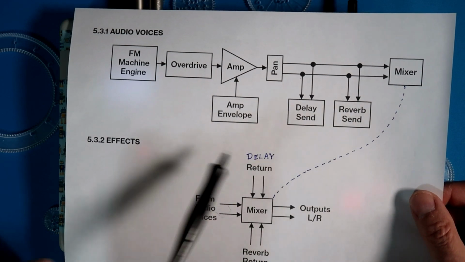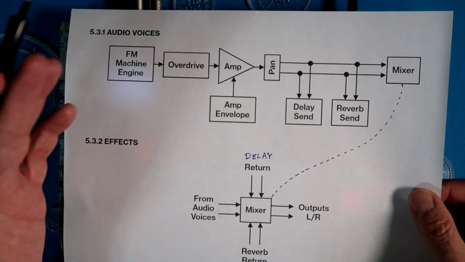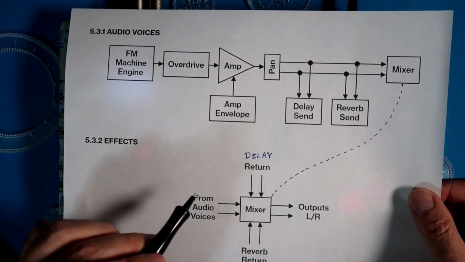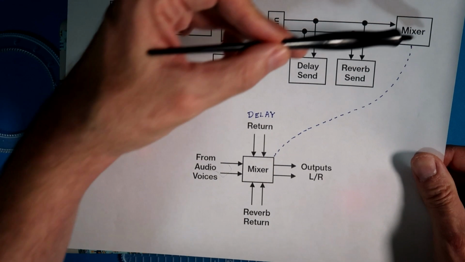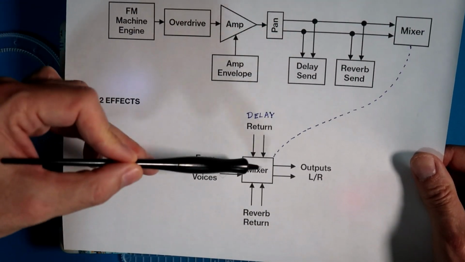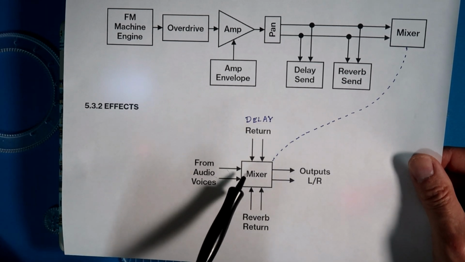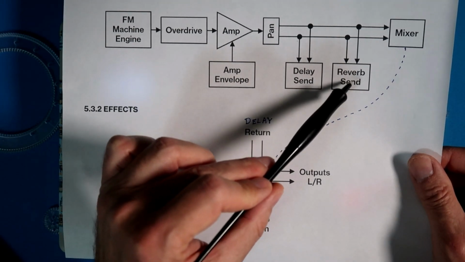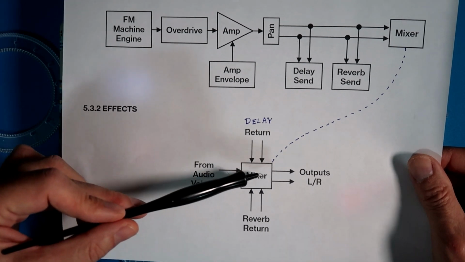So then that goes to whatever does the reverb, some sort of reverb circuit, I guess it's digital in this case, and then that comes back into the reverb return. These mixers are the same block, they just didn't have room to make the whole thing. So it goes out by send, it comes back into the mixer by the return, and then that goes to the outputs.